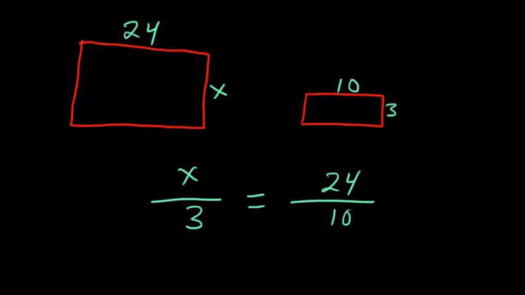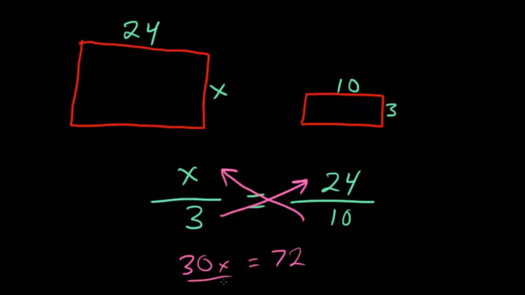And then, ta-da, cross multiply. And we get 30x equals 72. Divide both sides by 30. 30, not 3. And x equals, let's see, that would be 2 and 12/30ths, otherwise known as 6/15ths, otherwise known as 2/5.